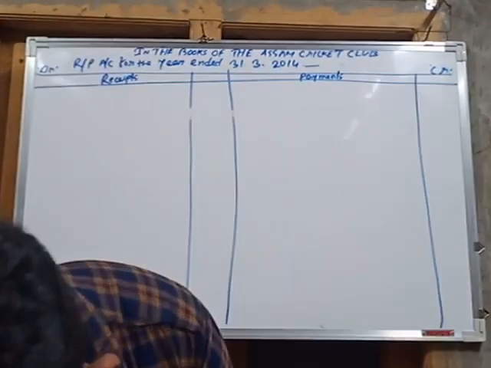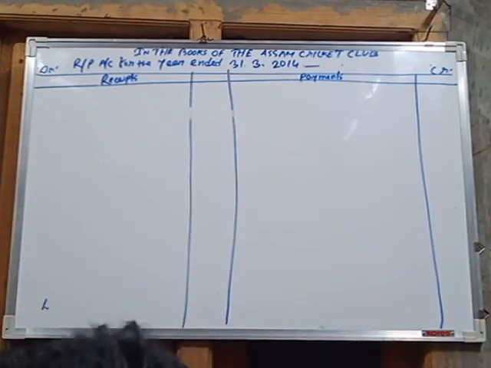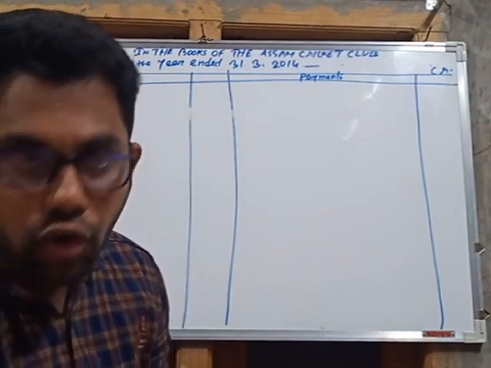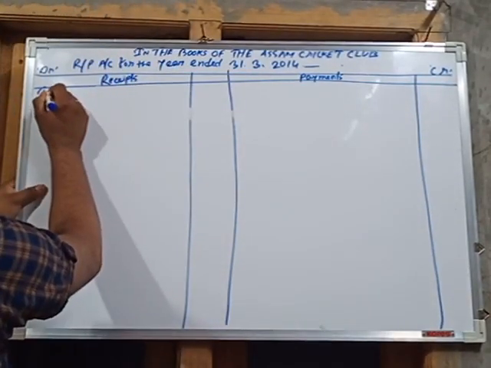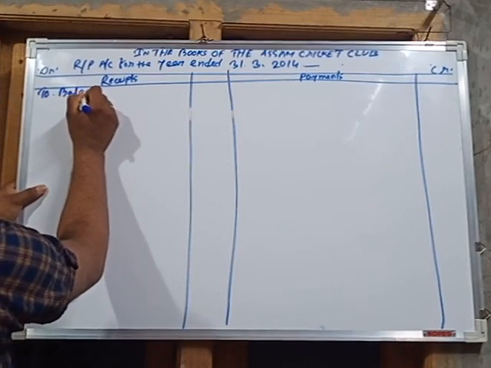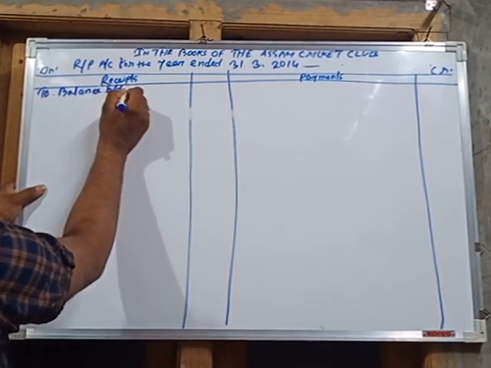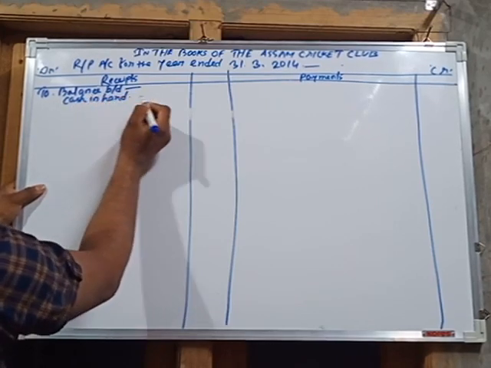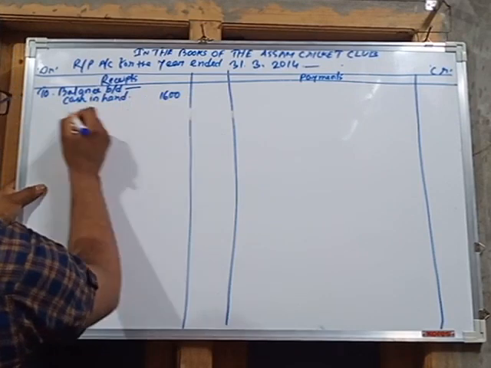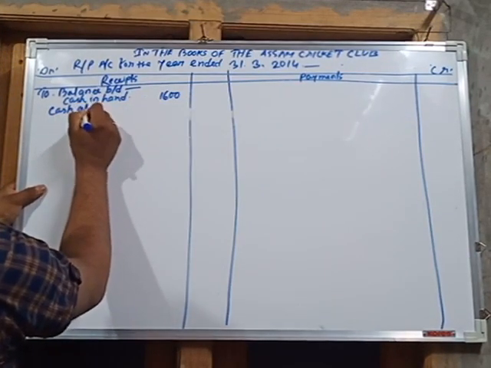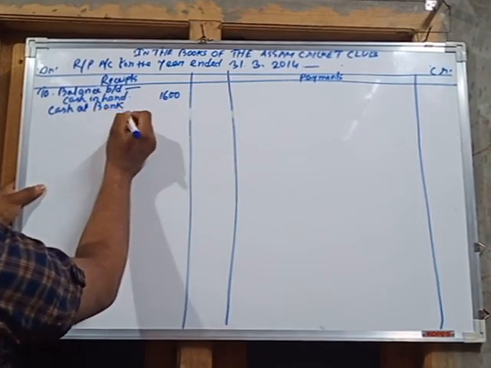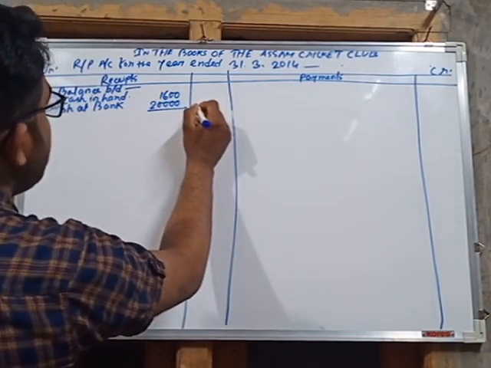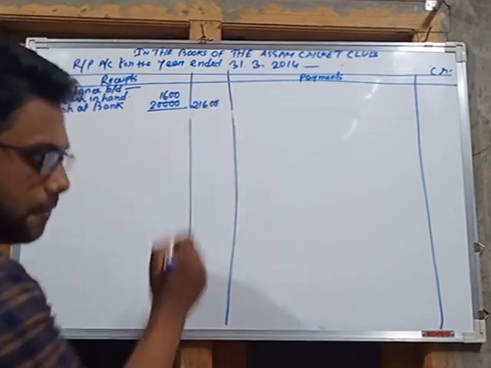In the question we find that the opening balance of cash in hand was rupees 1,600 and cash at bank was rupees 20,000. So to balance b/d, cash in hand rupees 1,600 and cash at bank rupees 20,000, and the sum of both the terms was 21,600. Okay.